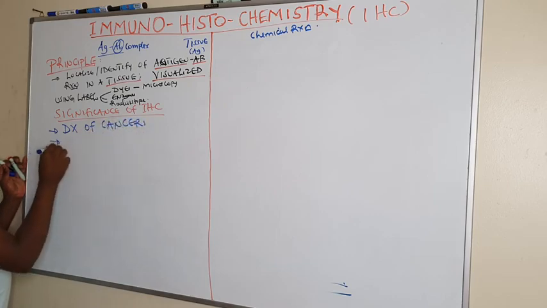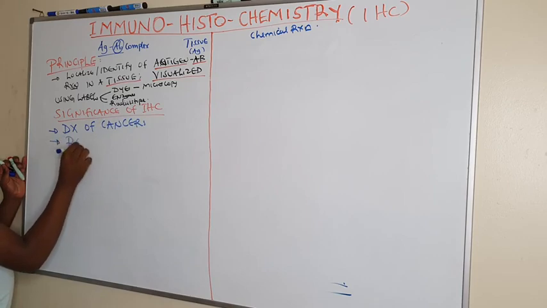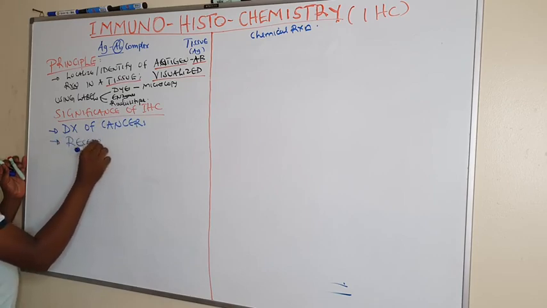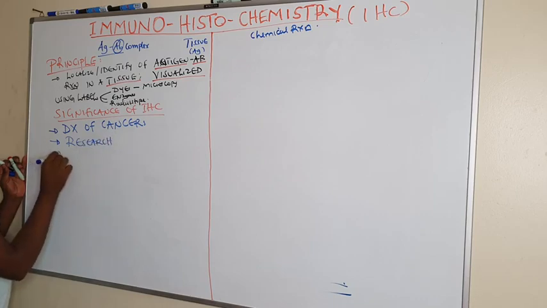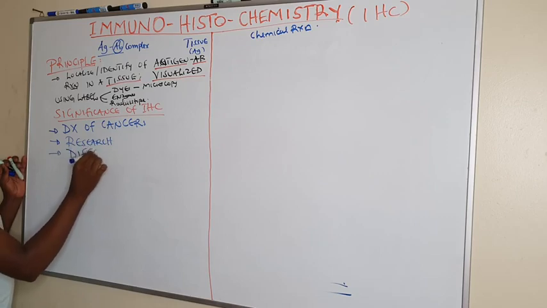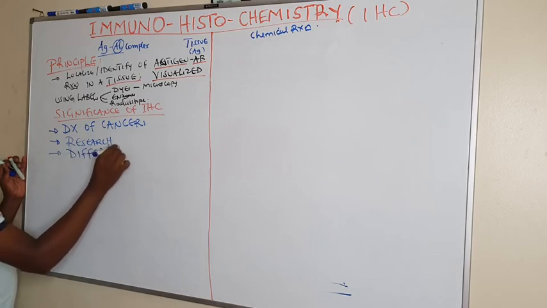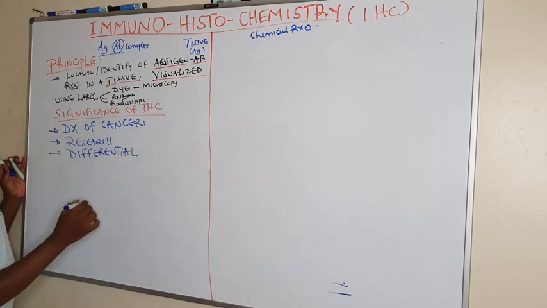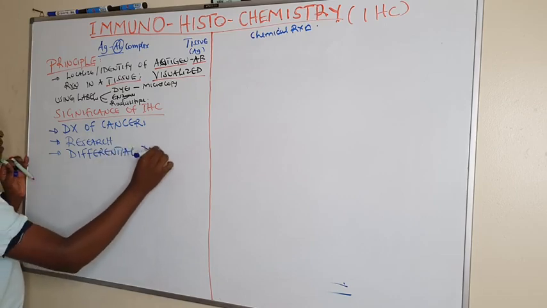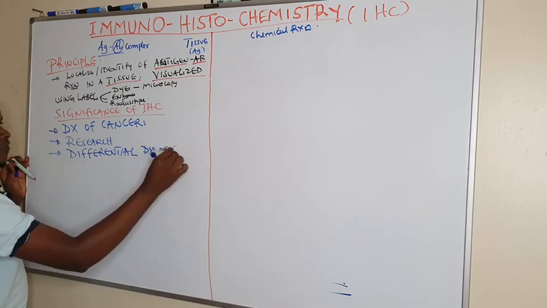We can use it for research purposes. We can use immunohistochemistry for differential diagnosis of cancers, whereby we can type cancers for differential diagnosis of cancers.